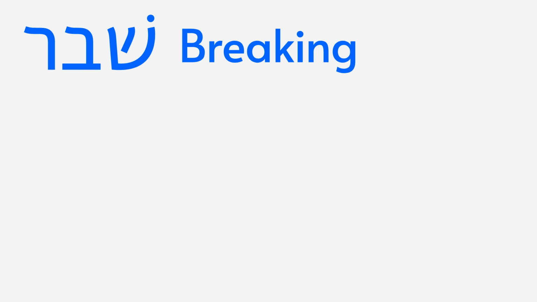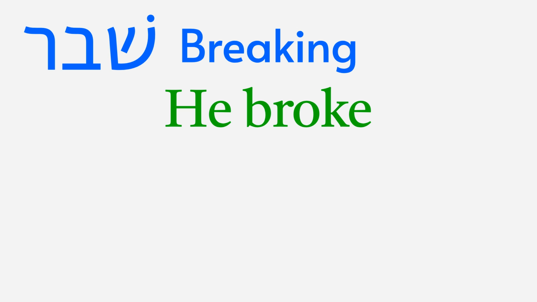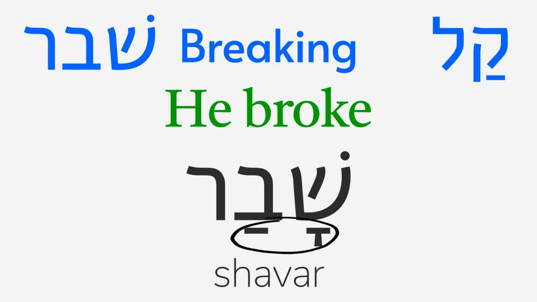Let's take the root shin beit resh, which has a meaning of breaking. Let's say he broke by putting this root in the hu form of the past tense of the kal or pa'al. Remember, this binyan usually takes the most basic meaning of the root. We do this by adding the vowels kamats and patach under the root letters.